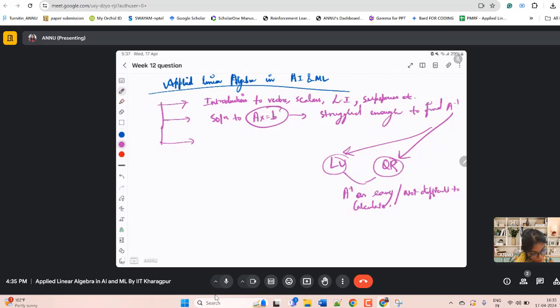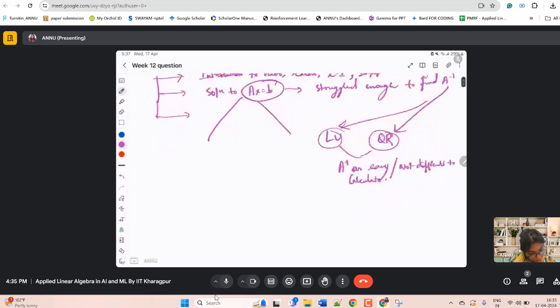Now this solution also has three parts: the matrix A is square, A is tall, A is wide.